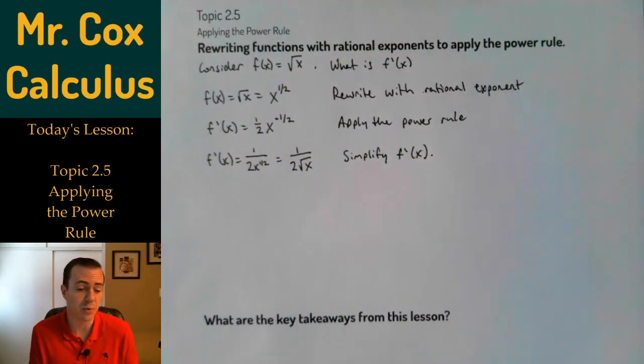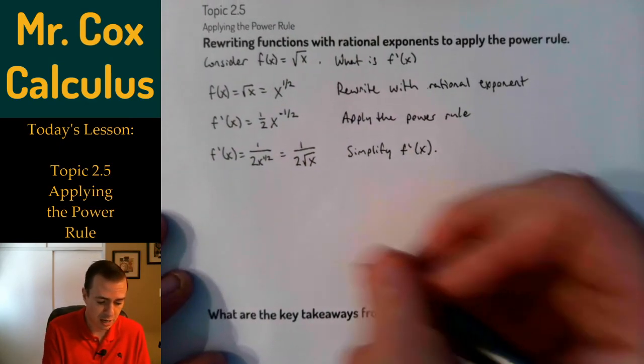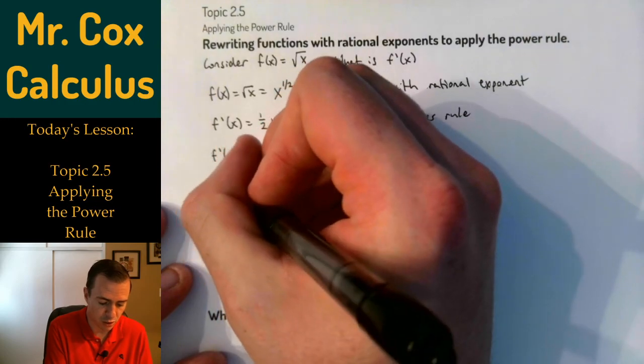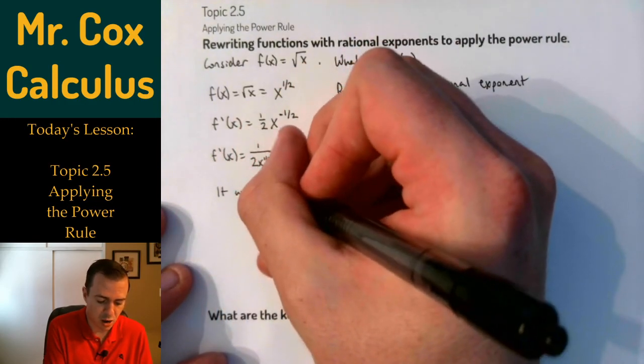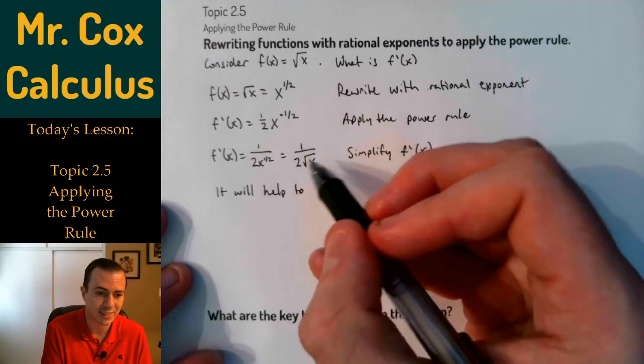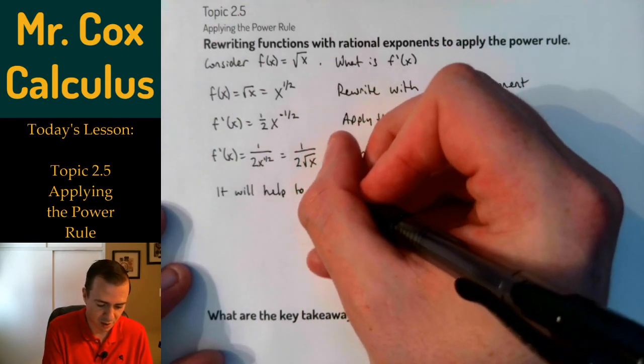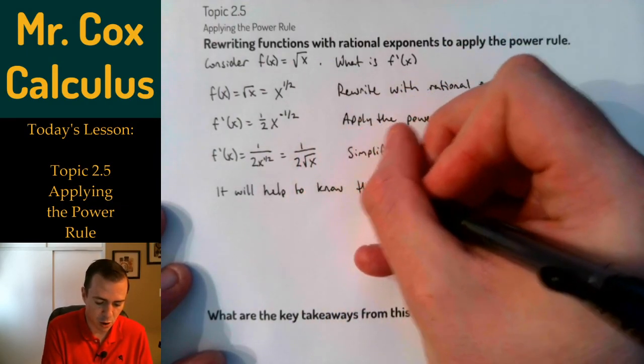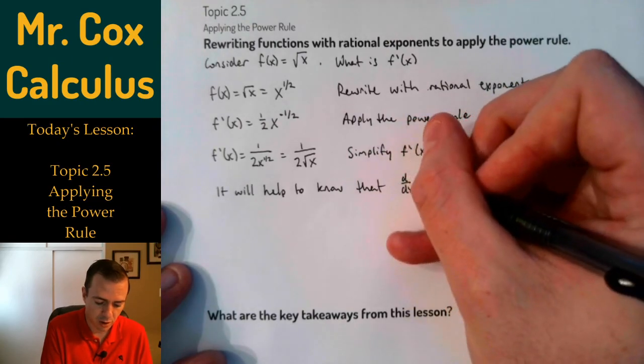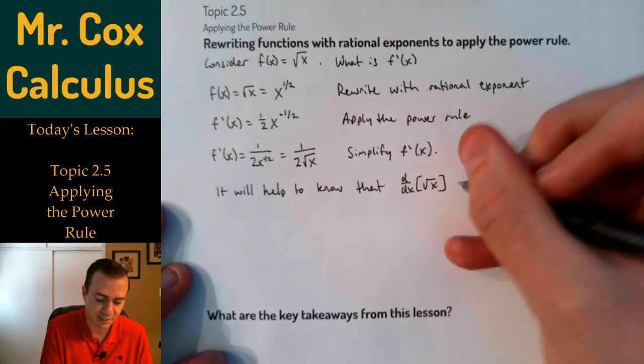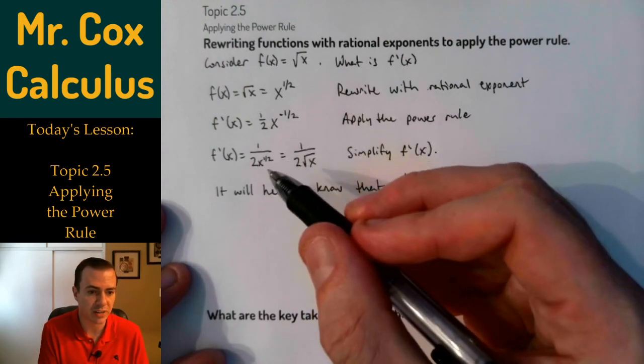Now that we've shown what that is equal to, it's going to be very helpful for you to know, and by know, I mean kind of memorize that. It'll be helpful to know that the derivative of the square root of x is always going to equal this value right here.